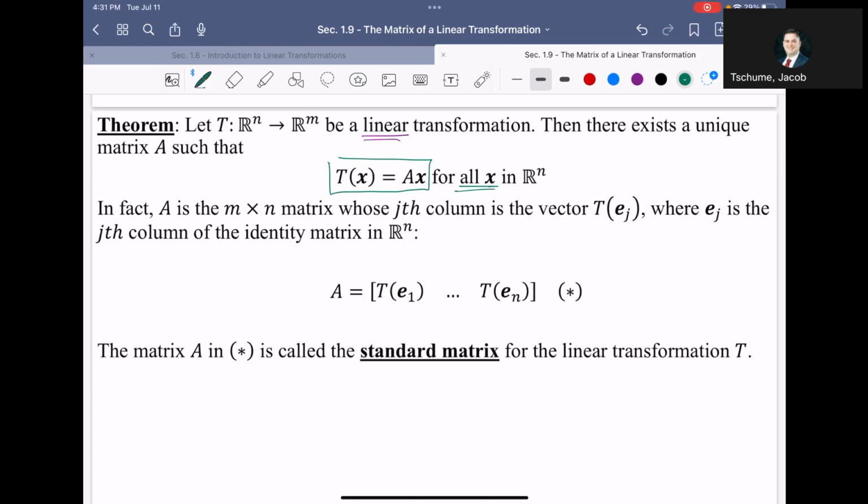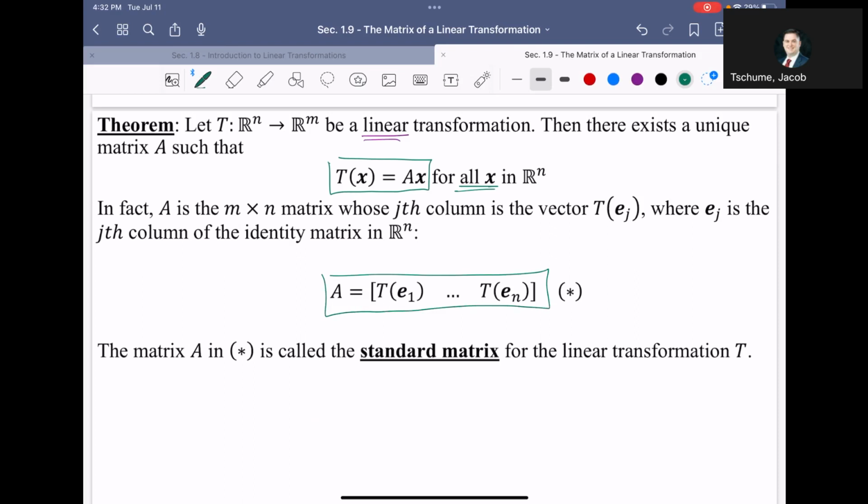In fact, A is just the m by n matrix whose jth column is the vector T of E sub j, where E sub j is the jth column of the identity matrix. So kind of the same thing from the previous slide: when you apply the transformation to every column of the identity matrix, we are defining A in this way.